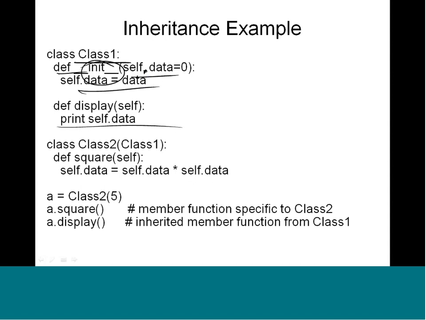Now we just print out the self.data. And then we define a class 2, which is an inherited class of class 1. See how we linked these two. And then when we define square(self), we can say self.data equals self.data times self.data.